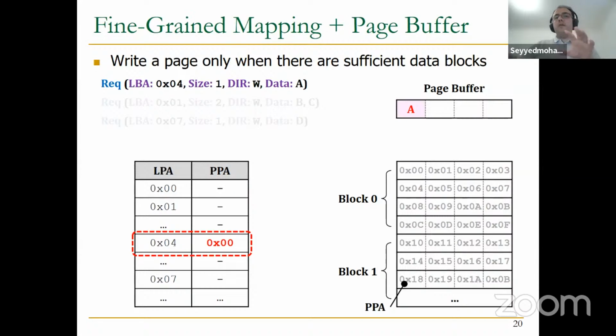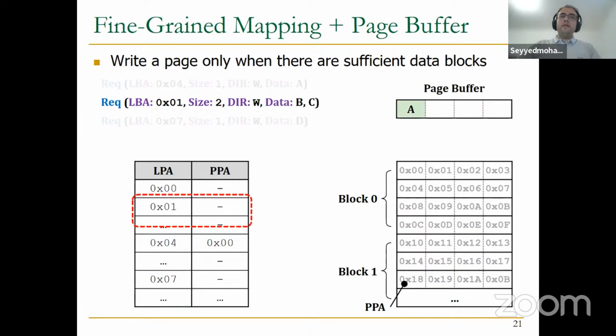This mapping table update can also happen later, by which I mean whenever you really want to write this data to the SSD. Regardless, we need to do it, but we can do it in advance or later. And then the next request, logical block address 01.